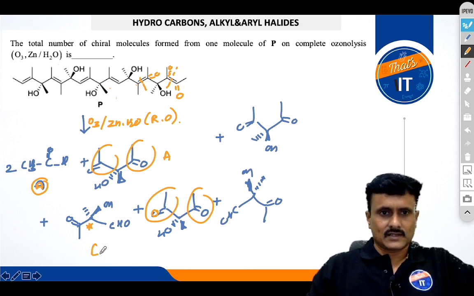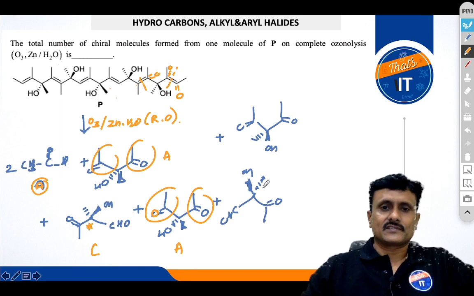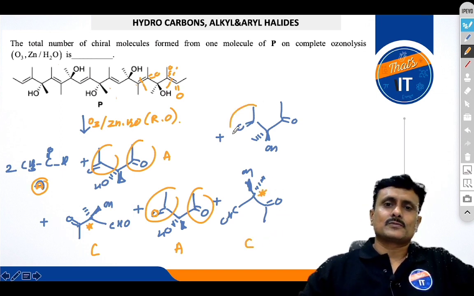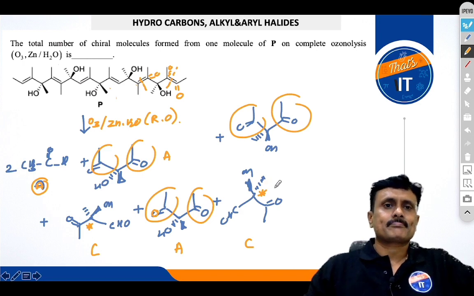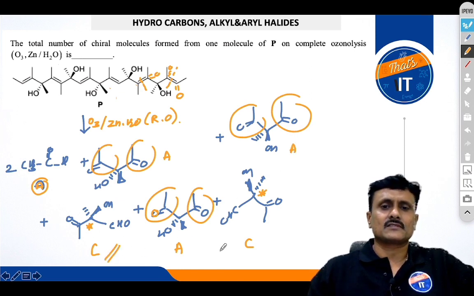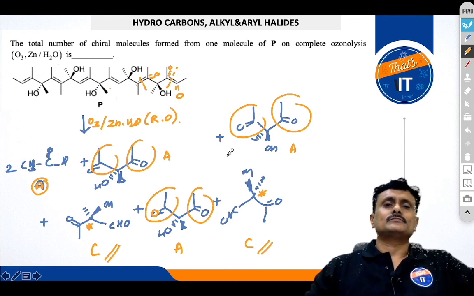So this is chiral, this is achiral, this is CHO, this is COCH3. Therefore this is also chiral, and these 2 groups are same, isn't it? So you can see that this is also achiral. So the total number of substances found to be chiral here is 2.